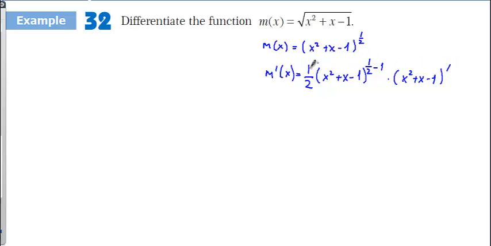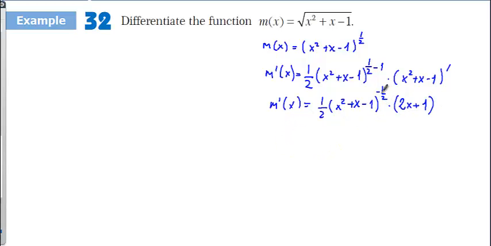The power comes in front, decrease the power, and take the derivative of the inner part. So m derivative x is equal to 1 over 2 times (x squared plus x minus 1) to the power of minus 1 over 2, times 2x plus 1, the derivative of it.